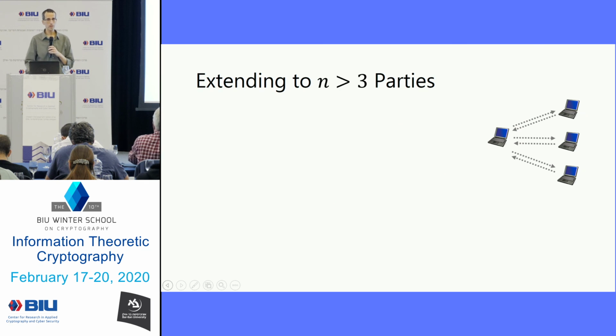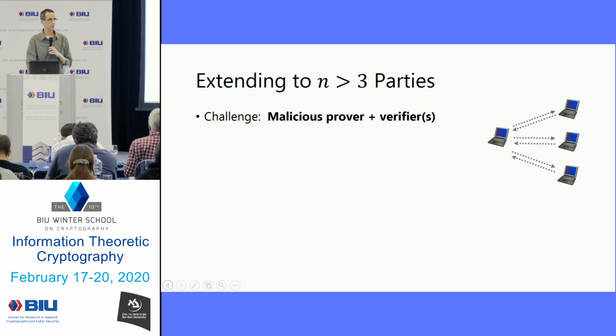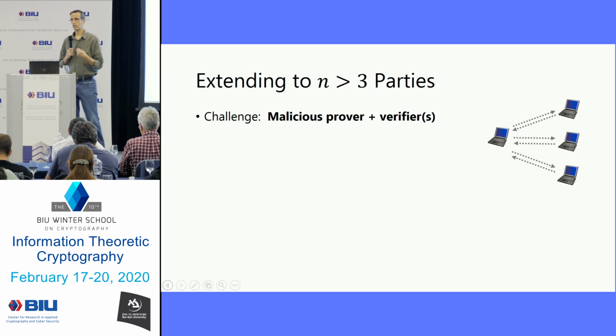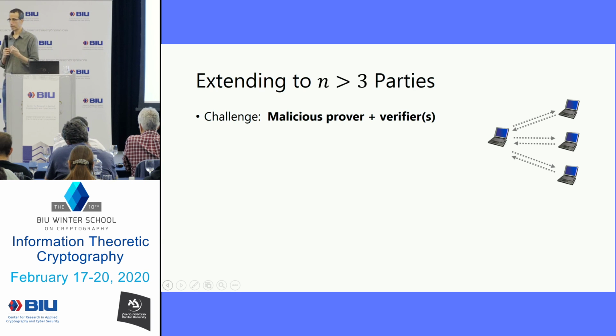Extending to more than 3 parties is a bit of a challenge. I'm not going to be talking about this stuff. Why is it a challenge? Well, A, if we have 3 parties, party 3 was trying to prove to party 1 and party 2 that its messages were consistent, that it was okay.